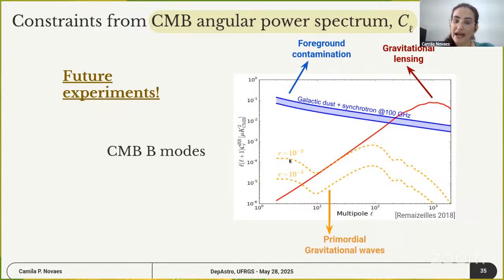To measure your cosmological signal here for different values of r, where r is the tensor to scalar ratio, which is directly related to, for example, if you measure this parameter to be different from 0, you are saying that you are measuring the B modes, which means that you are verifying that there is primordial gravitational wave. So to get to your cosmological signal, you have to get rid of the foreground contamination from astrophysical sources, and then you can see here how they have a much higher amplitude, and also the lensing effect, which converts part of the E mode into B mode.